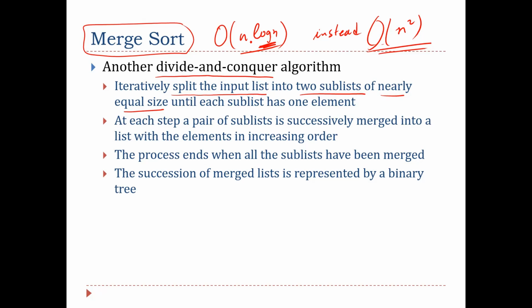We can cut it into floor(n/2) and n minus floor(n/2), until each sublist has only one element. So the first step, which handles the problem in an easy way for smaller input, is a very straightforward step.